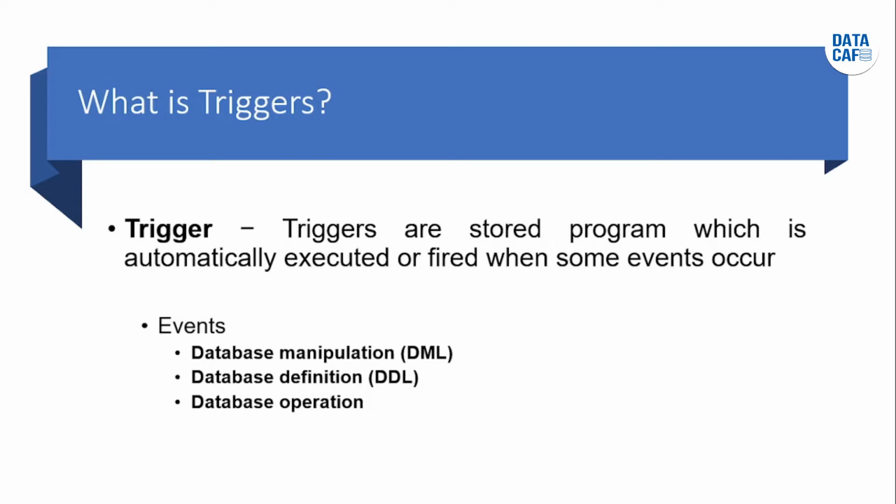After that, we will see some benefits of the triggers. There are a lot of benefits available with triggers. Generating derived column values automatically, enforcing referential integrity, event logging and storing information on table access.